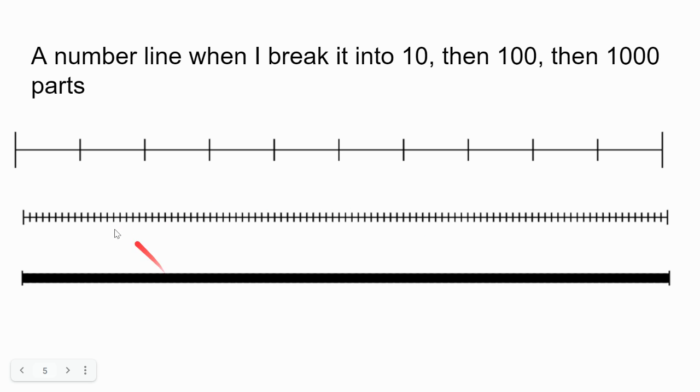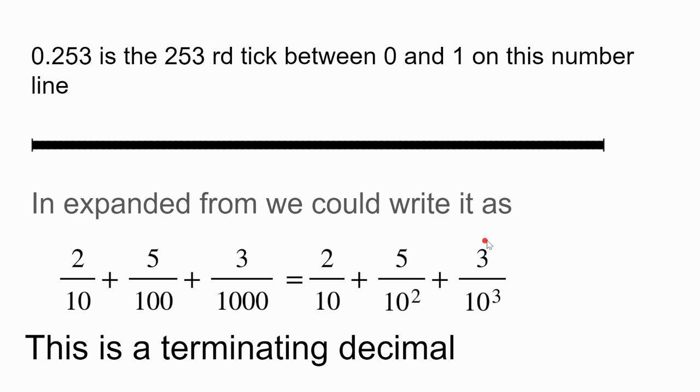Now, on a regular number line, between 0 and 1, there's 10 dashes. And then if I went from 0 and 1, broke it into 100 dashes, here's 100 dashes. And if I broke it into 1,000 dashes, you can't even see the initial dashes. So sometimes a decimal is better than the number line. Okay.